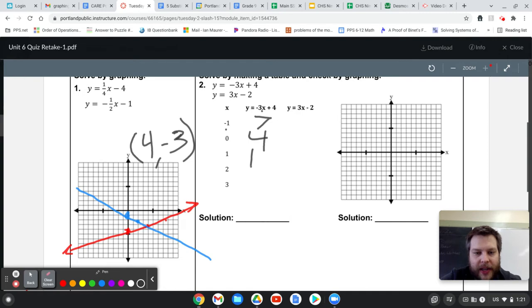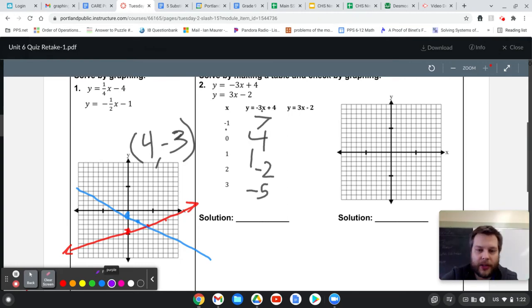Negative 3 times the next x value is negative 6. Negative 6 plus 4 is negative 2. Negative 3 times the next x value is negative 9, and negative 9 plus 4 is negative 5. Of course, there is a shortcut. You should notice that the y values are decreasing by 3, and that is because the slope is negative 3.